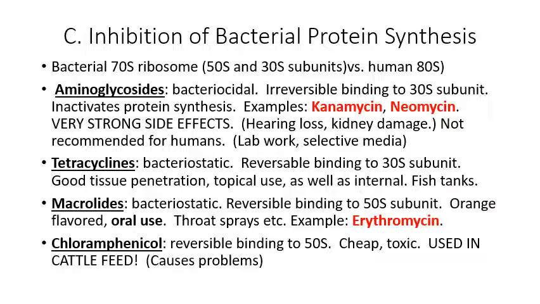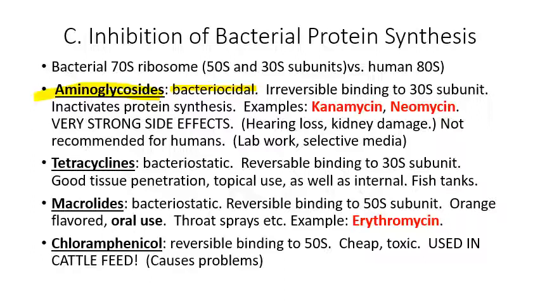Okay, so the aminoglycoside family, this is a family. These are bactericidal because they inhibit the 30S subunit irreversibly, right? So they are irreversible inhibitors of the 30S subunit. So they are bactericidal. They will actually kill the bacteria.